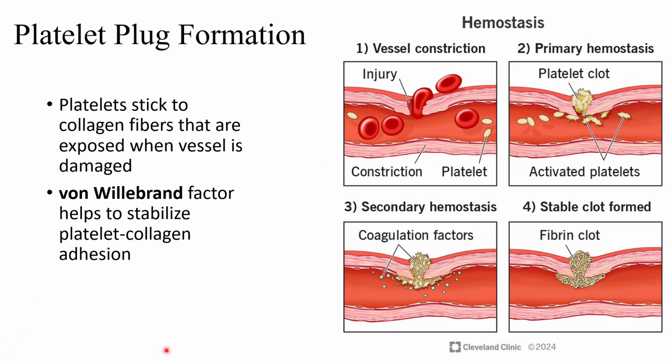So you need the collagen in the tissue of the blood vessel to be exposed in order for the von Willebrand factor to be produced. The von Willebrand factor is like a glue. That glue is going to invite the platelets to stick to it.